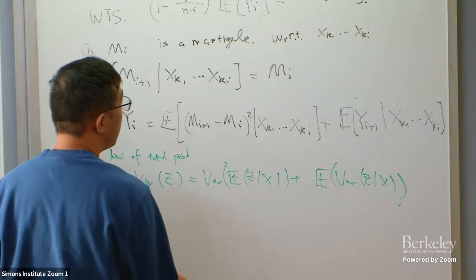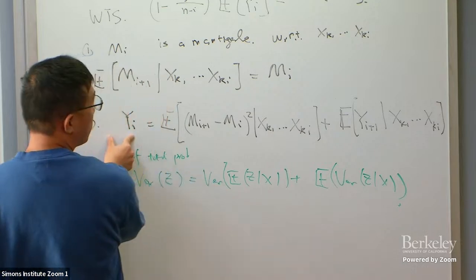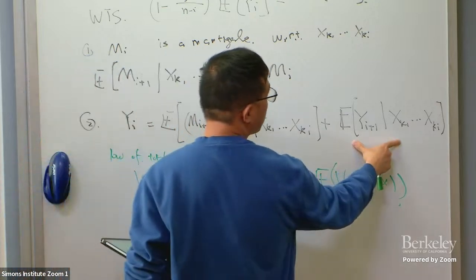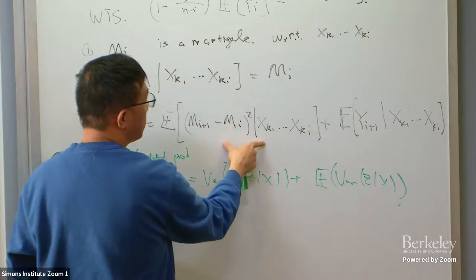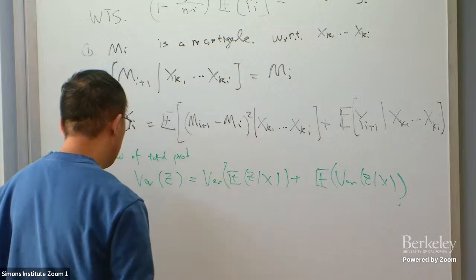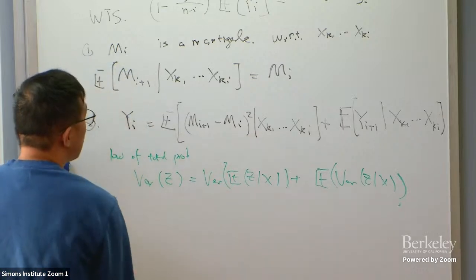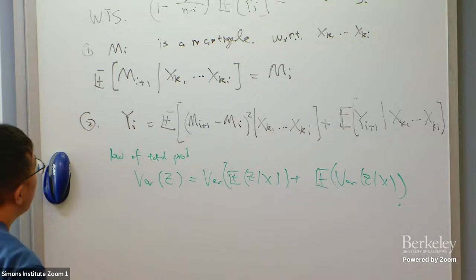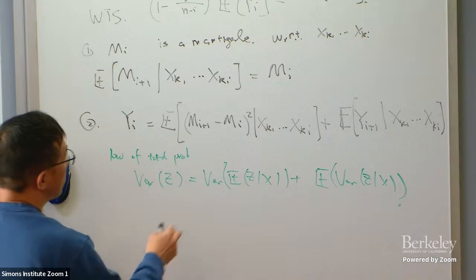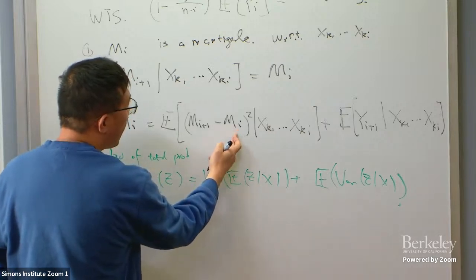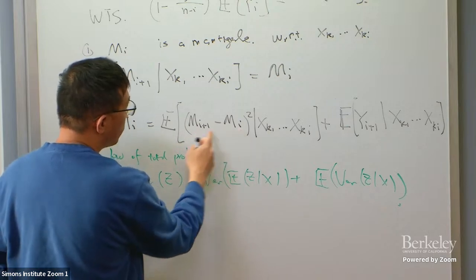Now if we want to relate the expectation of yi to the expectation of yi plus 1, we need to bound this quantity. This is the key quantity we need to analyze. Again, it looks scary, but everything happens going from the i-th coordinate to time i plus 1.